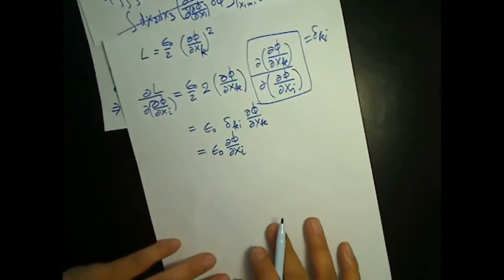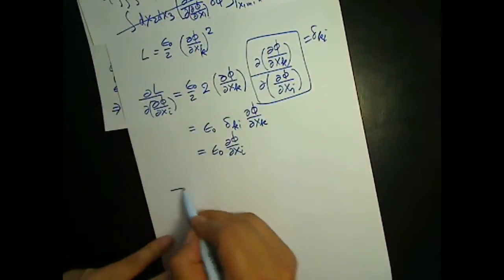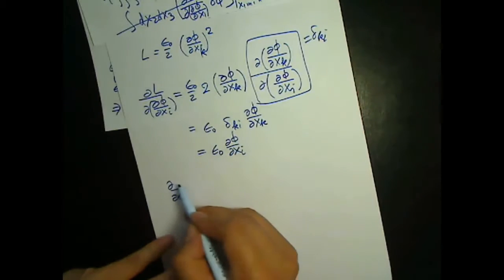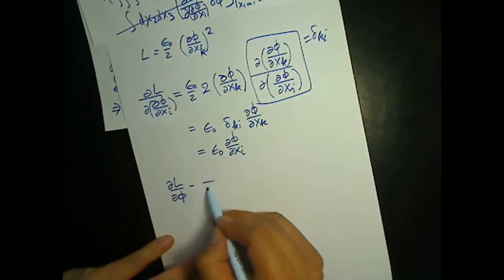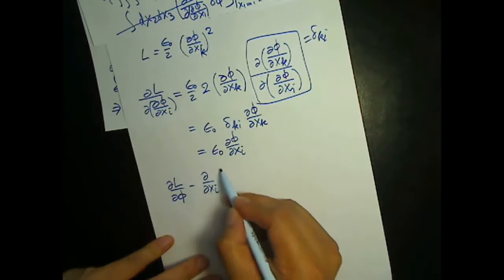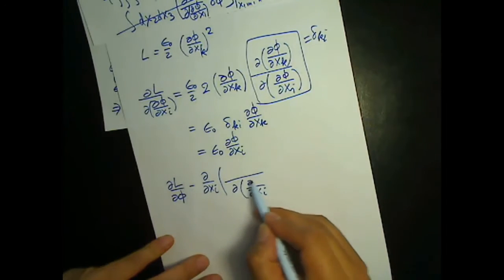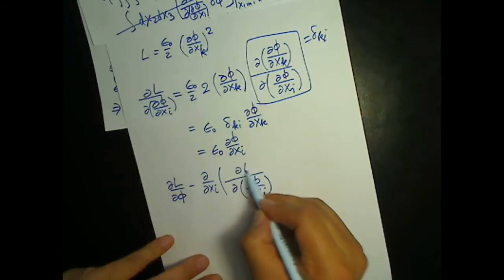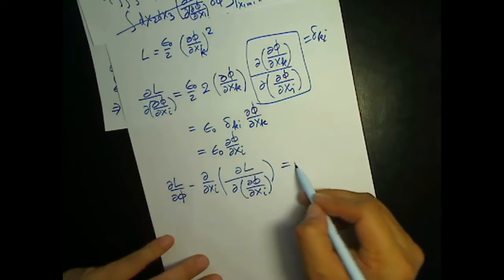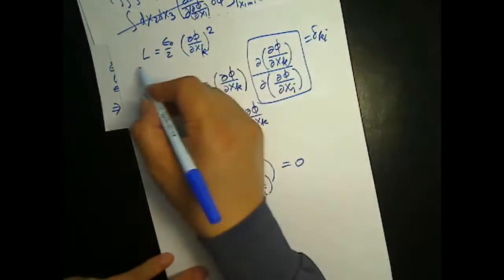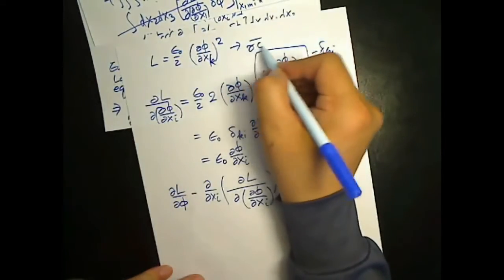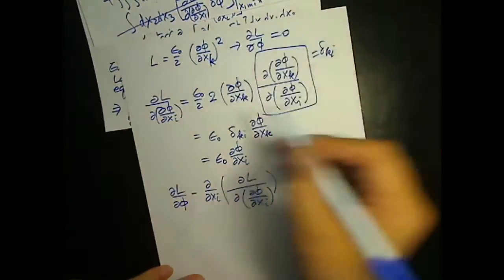Now we substitute into the Euler-Lagrange equation, which equals 0. You know that this one is 0, since it does not have explicit phi dependence.